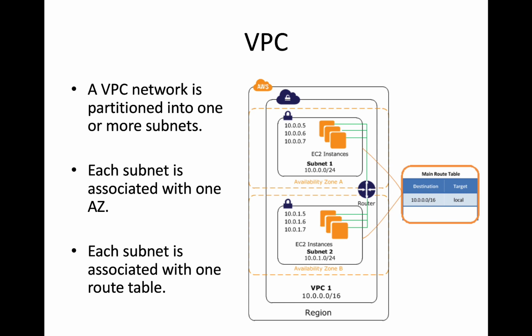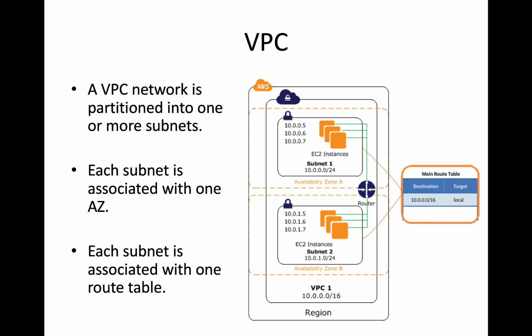One other thing to note is that each subnet that you create within the VPC is going to be associated with one routing table. And it's possible for multiple subnets to share the same routing table. What is the routing table?